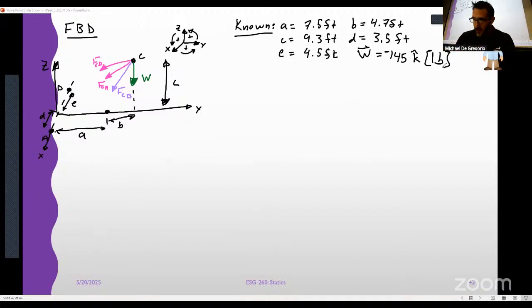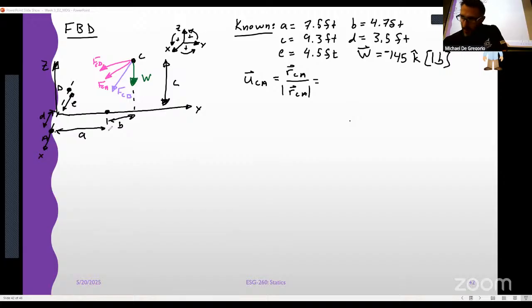So we can start, if I want the unit vector for CA, right? That's the distance CA divided by the magnitude for CA. Okay, so if I'm going from C to A, I need to go what? Well, I need to go D distance in the X, right? Because I'm at C and I'm coming down to A, right?